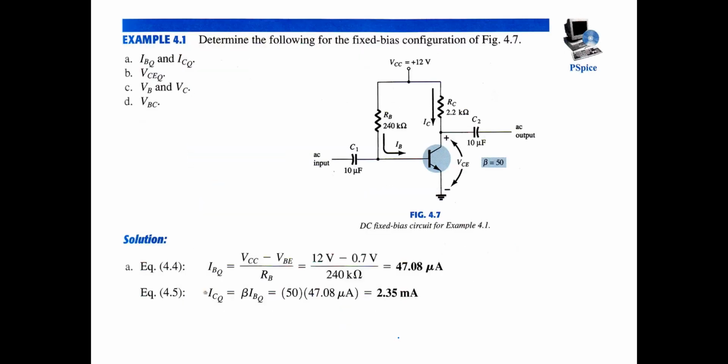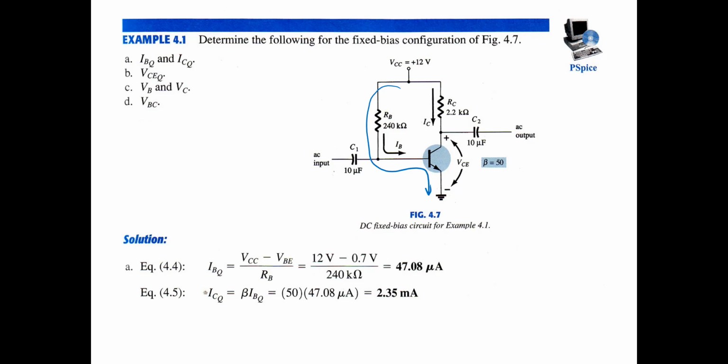Okay, so for example, let's determine the following for the fixed bias. What are IBQ and ICQ here? For IBQ, we use Kirchhoff, or using the previous mathematics, IBQ is VCC minus VBE per RB.